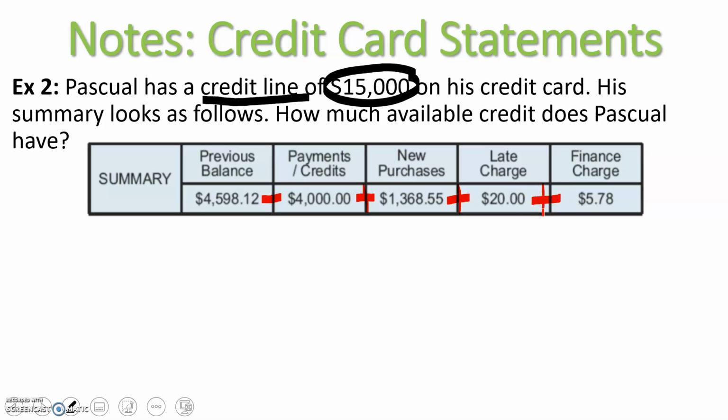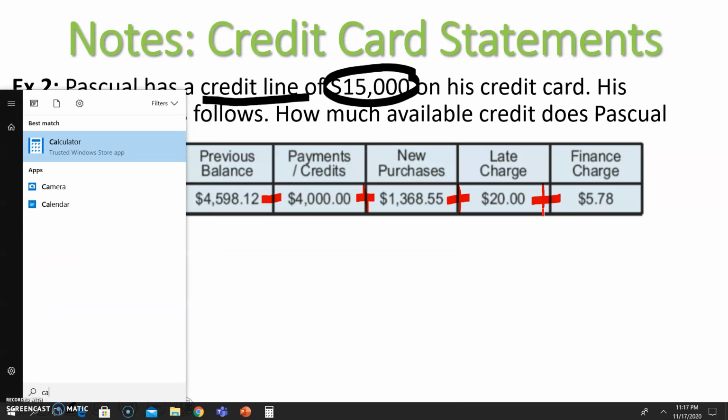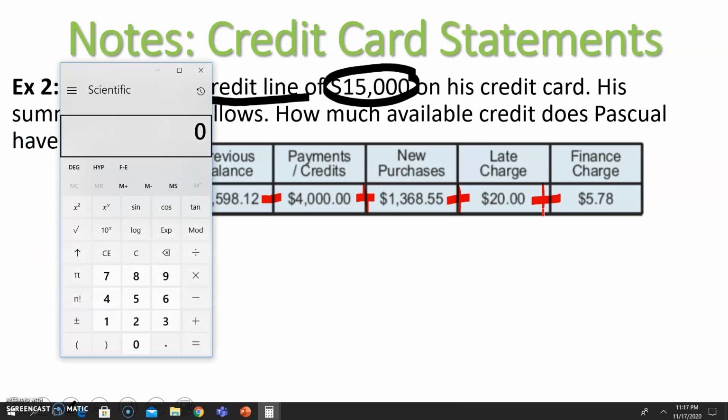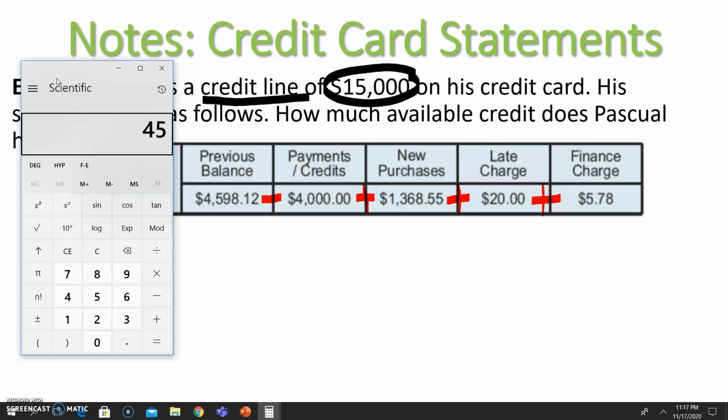So let's go ahead and calculate. So we start with his previous balance, which was $4,598.12. We're going to remove his payment, $4,000. We're going to add on his new purchases, $1,368.55. We'll add on the late charge of $20 and then add on the finance charge of $5.78.